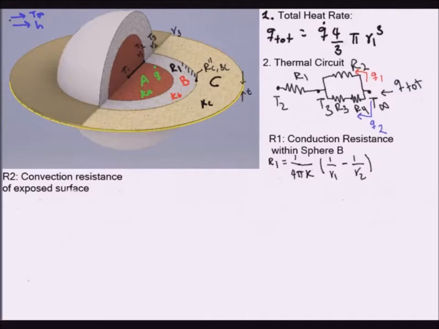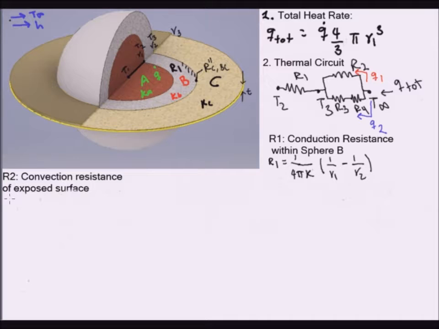So now we need an expression for R2, or the convection resistance of the exposed surface of sphere B. And you may recall that to develop such an expression, we need to start from an equation relating the heat rate with the temperature difference, and that is Newton's law of cooling.